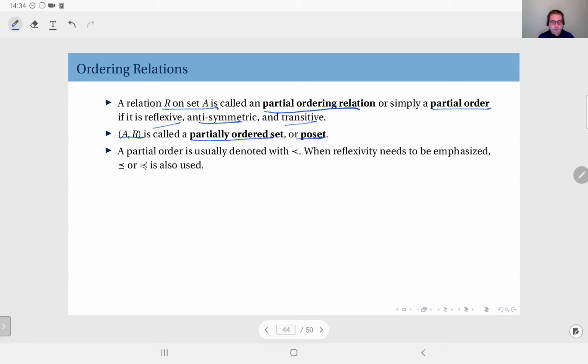Now we denote a partial order usually with this symbol. It's like a cursive smaller than sign. In fact, in LaTeX, where I prepare these slides, the command for this is PREC, which stands for preceding. So this one comes before this one, like 3 comes before 5.